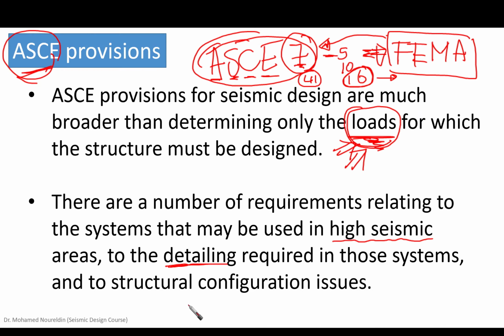And structure configuration issues: whether we are going to accept regular or irregular frames or configuration or not, and if we accept it, what are the penalties that the code is going to impose upon your design if there is some kind of irregularity in your configuration. So it is not only loading. It is a general guideline for many things, including detailing and configuration and so on.